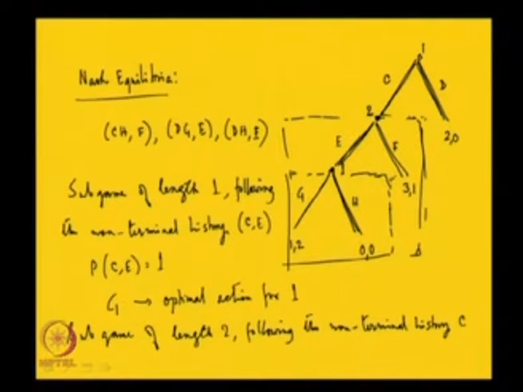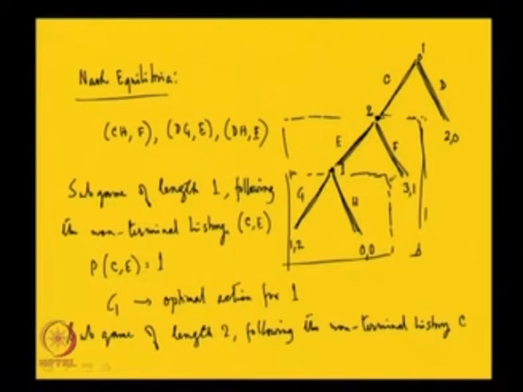Now, in this subgame where 2 is to move first, 2 has to compare between E and F. But given that player 1 is going to take this action G, because the players depend on the fact that the other players are rational, 2 knows that player 1 is rational.